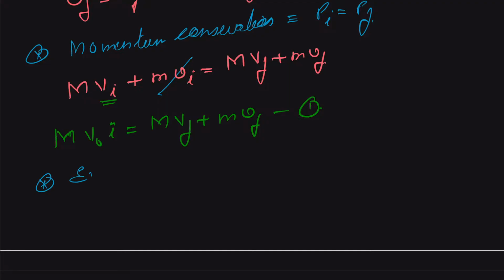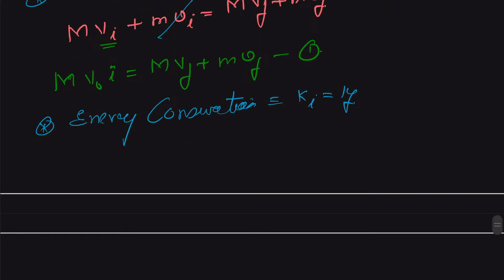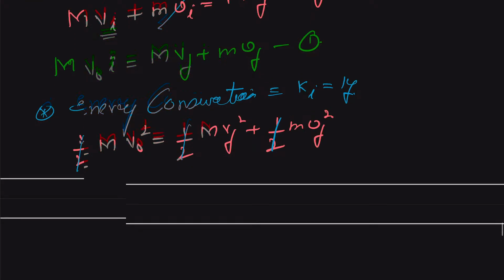And now we are going to use our kinetic energy conservation, or simply energy conservation, which means initial kinetic energy is equal to final kinetic energy. We can write this as half M v naught square is equal to half M V_f square plus half small m v_f square, and this half cancels out throughout.